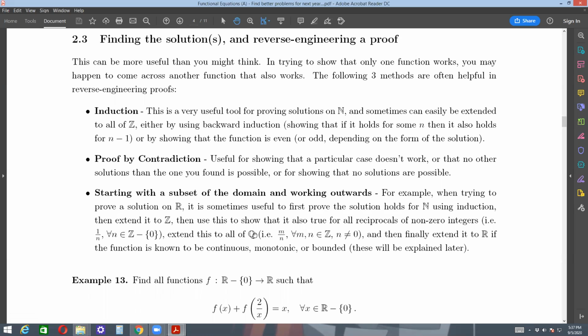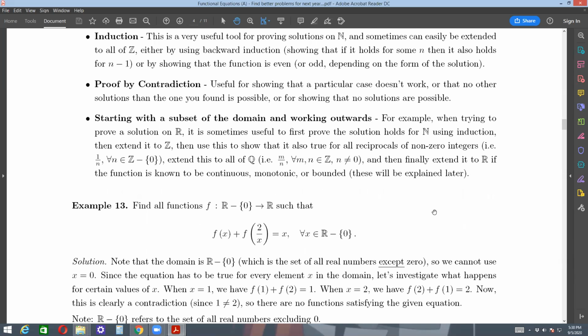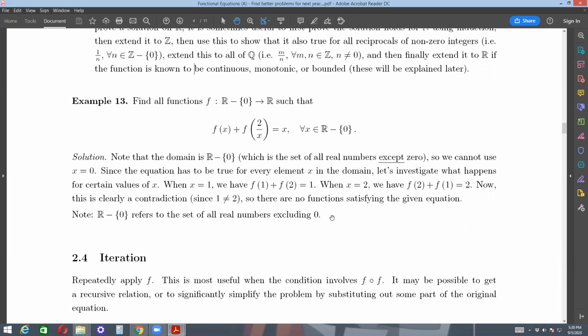And then you could do general rational numbers, so m over n, and see if you could prove that. So basically, you're building up to real numbers. Now, if you're doing it like this, the only way to extend it to real numbers is if you know the function satisfies one of these properties. So we'll talk about it a little bit later. This strategy only works for functions that are either continuous, monotonic, or bounded, and we'll see those definitions just now. This example we had looked at before.